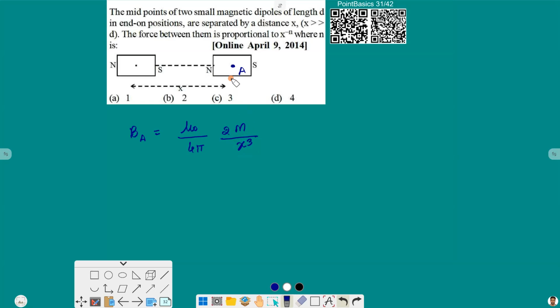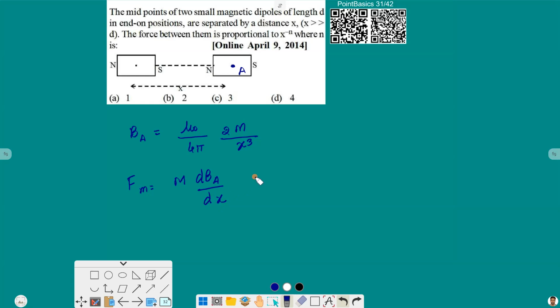Now the force on a dipole due to the other dipole is given by force equal to the dipole moment of that dipole times the rate of change of magnetic field. Here we are taking a one-dimensional field, so it is with respect to x only.